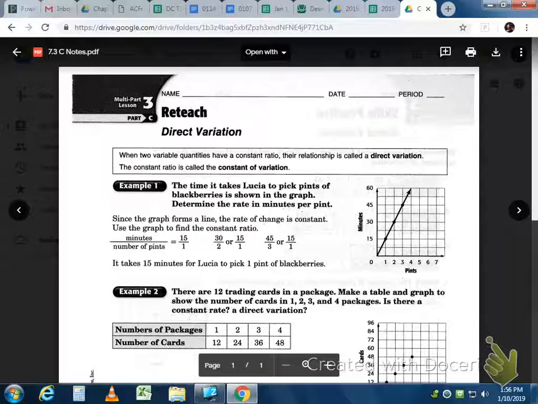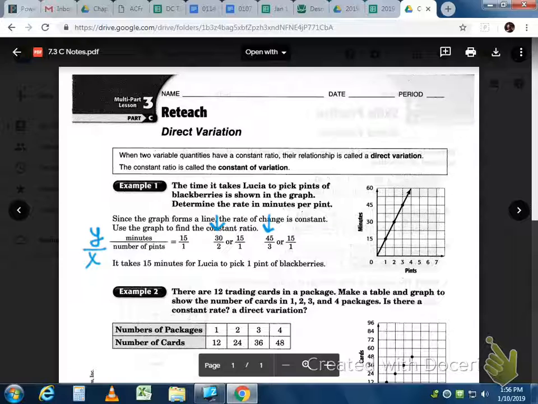So you go by how many minutes and how many pints. If we went 15 to 1, so remember we're doing y over x always. It's really important that you remember always and forever y over x. So 15 over 1. You're checking all these points. 15 over 1, 30 over 2, 45 over 3.